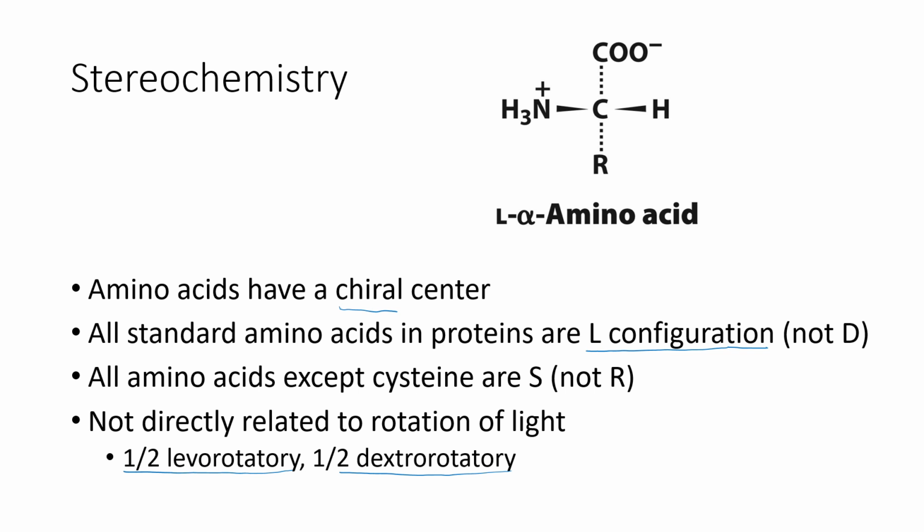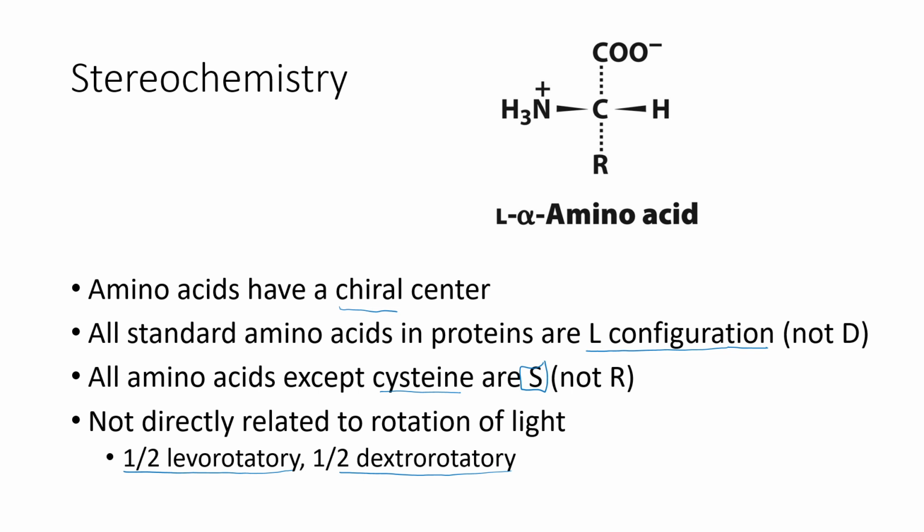Additionally, you probably also learned about S and R notation for the chiral atom in the center. So we can also note that all of the amino acids, with one exception, cysteine, are in the S configuration. None of them are in an R configuration about that chiral carbon in the center.